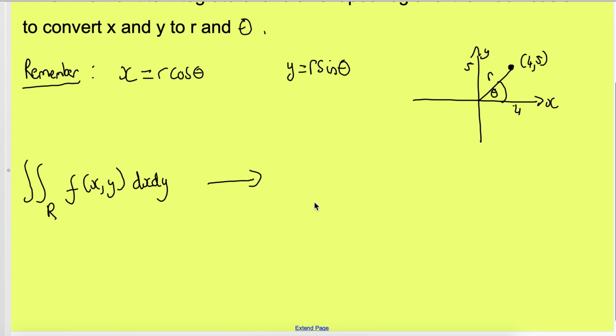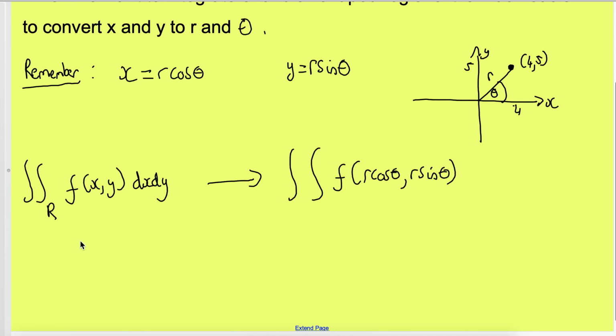Now, what happens when we go into polar form for this is that rather than x, we've got r cos theta, and rather than y, we've got r sine theta.